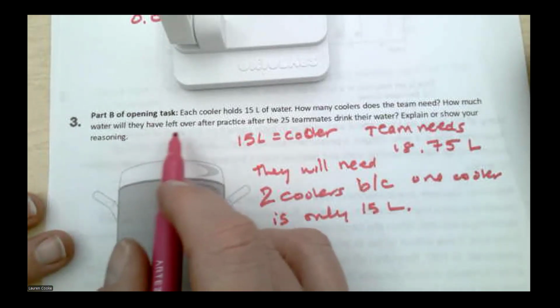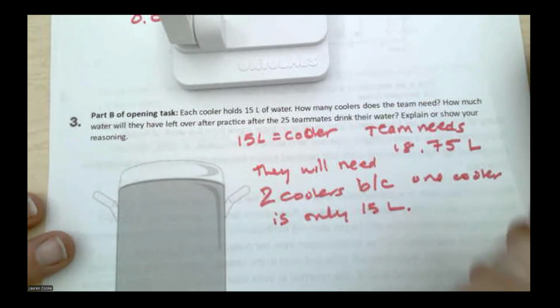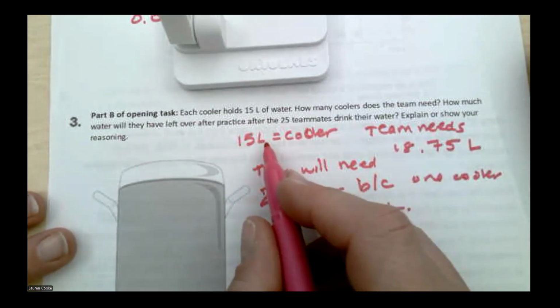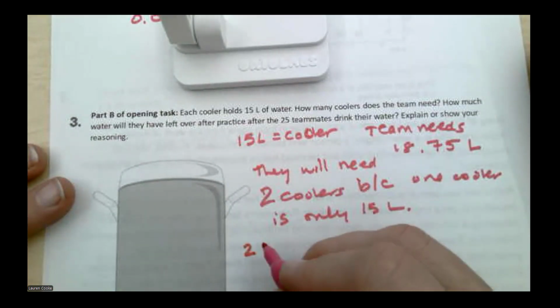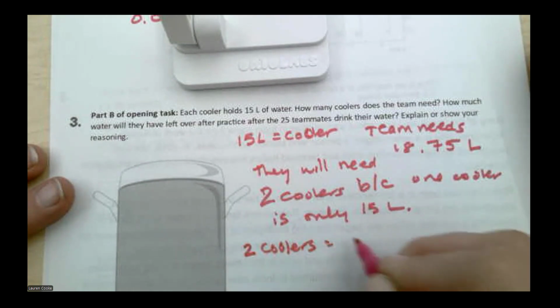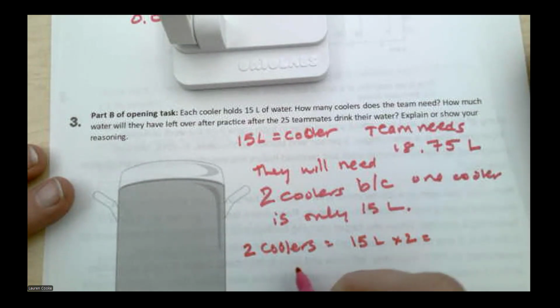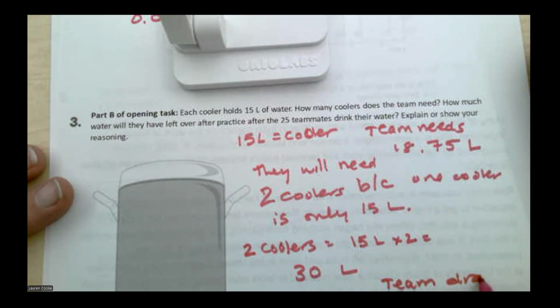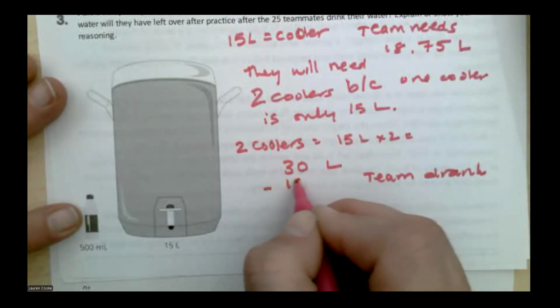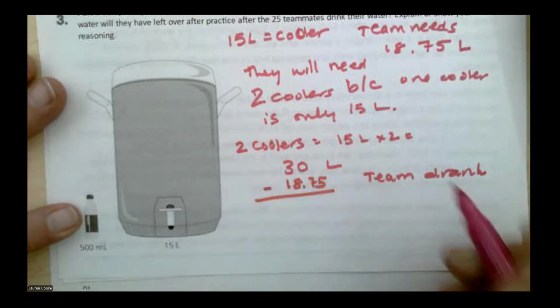Okay. How much water will be left over? All right. So now I'm going to have 2 coolers equals 15 liters times 2. So that's 30 liters minus what the team drank, which we have over here from earlier, 18.75 liters.